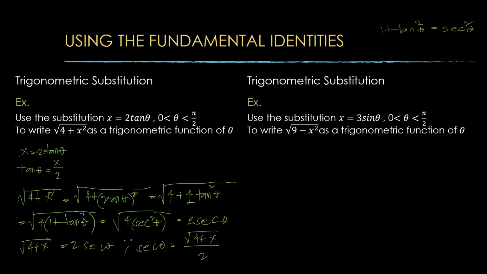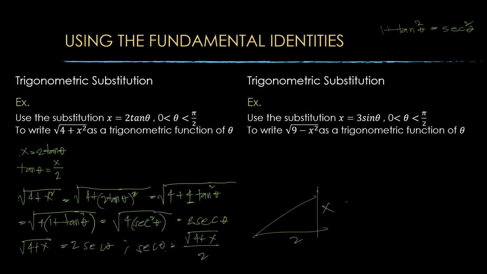To verify if the values of secant theta and tangent theta are correct, we write a right triangle, wherein the value of tangent is x over 2, opposite over adjacent. And what is secant? 1 over cosine, the reciprocal of cosine.